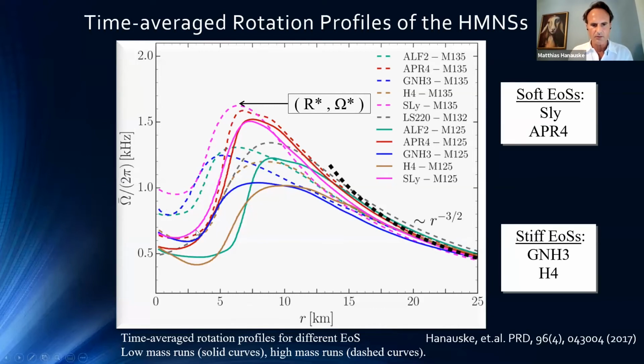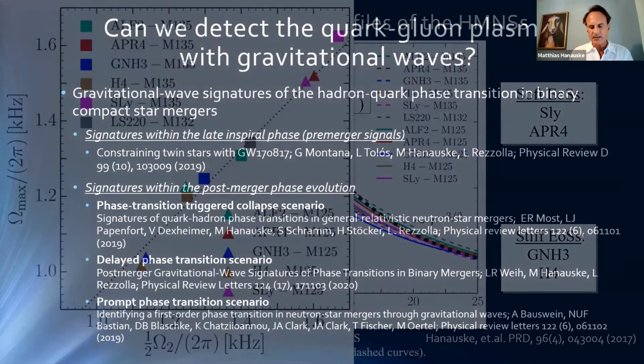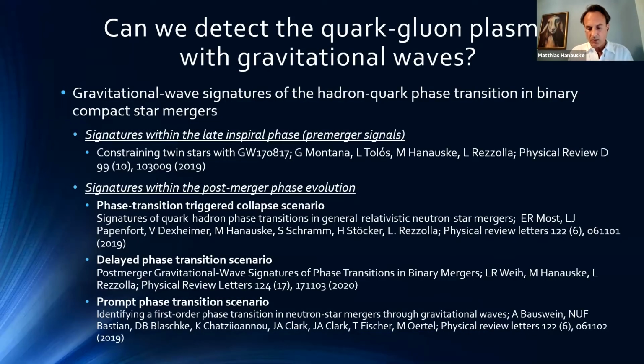The inner part of the remnant is not rotating fast, and then one has the maximum, and this maximum value of the rotation curves corresponds to the so-called f2 frequency, which is the main frequency emitted from the hypermassive neutron star after 5 milliseconds. This was a hypermassive neutron star, but now we are looking at what phase transitions are doing.